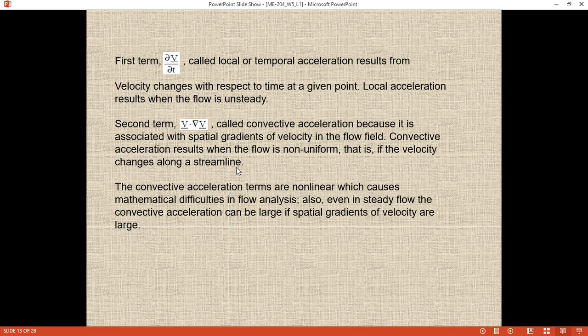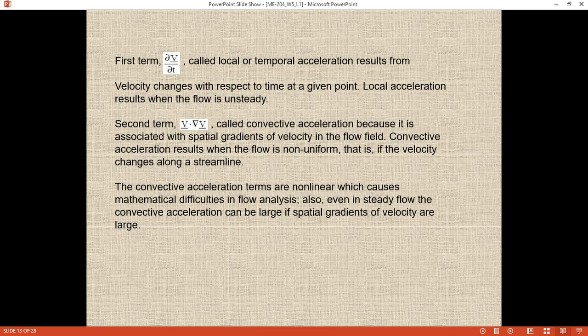The convection acceleration terms are non-linear, which causes mathematical difficulties in flow analysis. Also, even in steady flow, the convection acceleration can be large if the spatial gradients of velocity are large. So this is a very important point to know. The convection acceleration results when the flow is non-uniform, that is, when the flow is not a straight line.